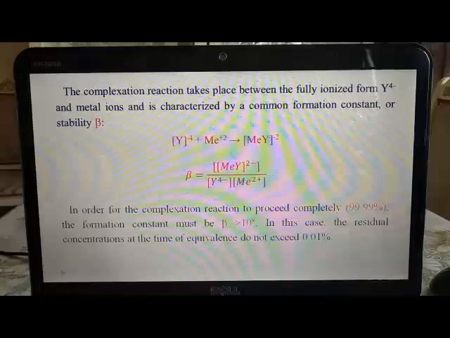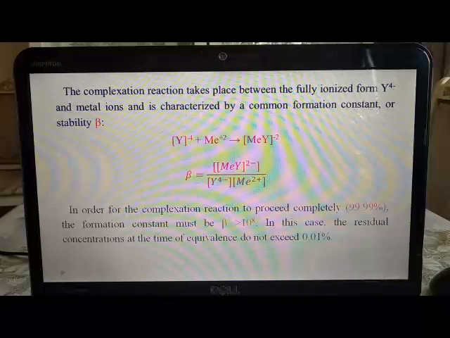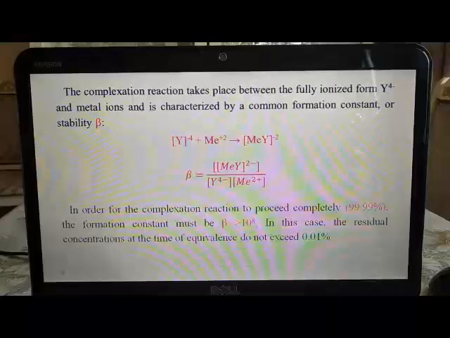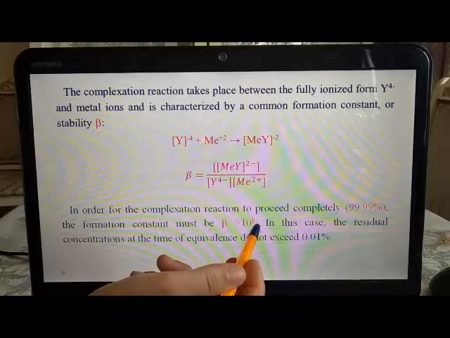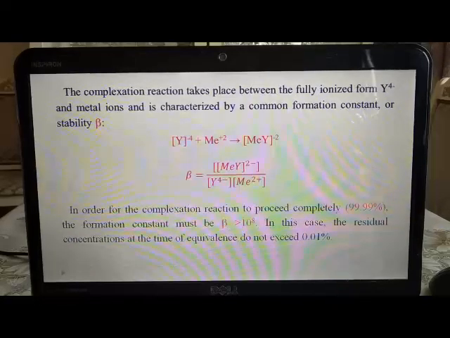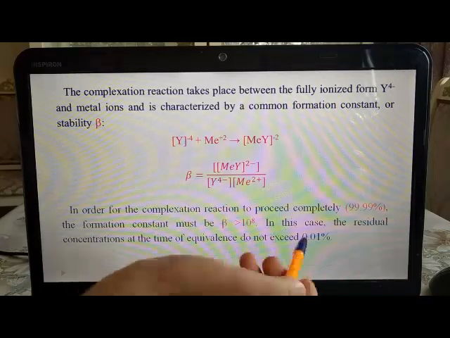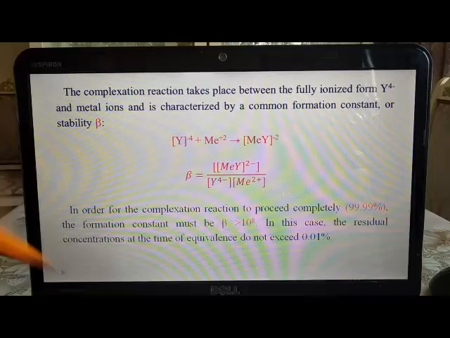In order for the complexation reaction to proceed completely, 99.99%, the formation constant beta must be more than 10 to the 8th power. In this case, the residual concentration at the time of equivalence does not exceed 0.001%.